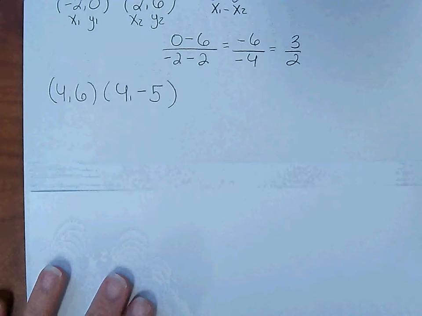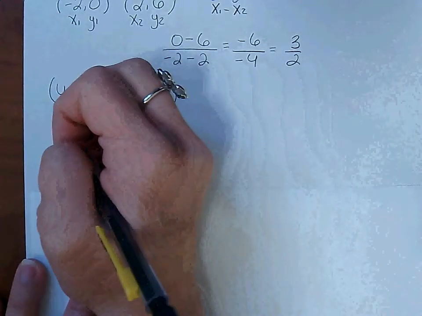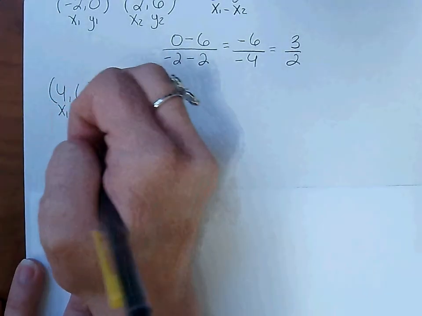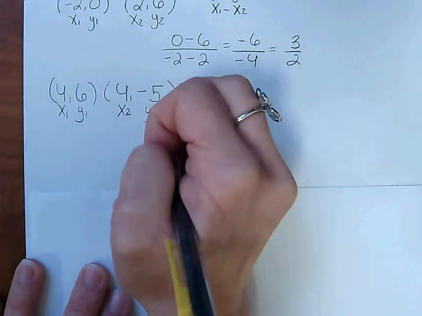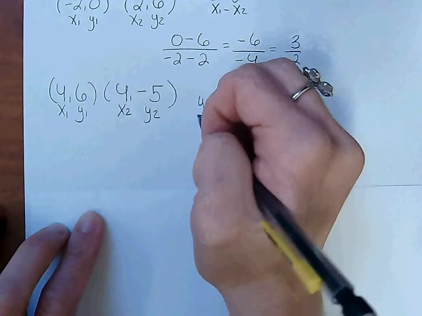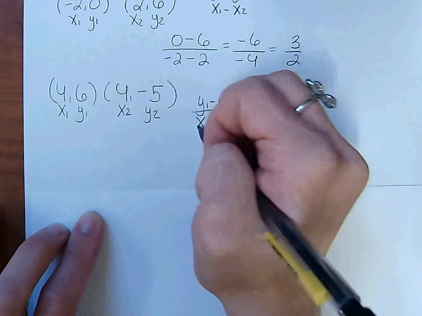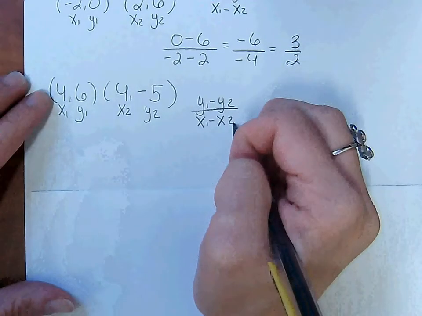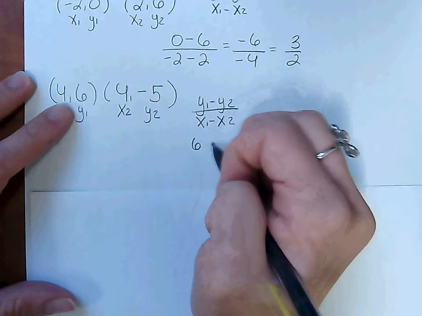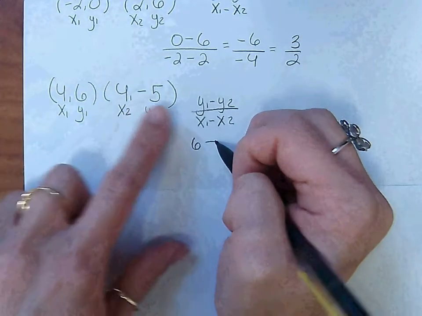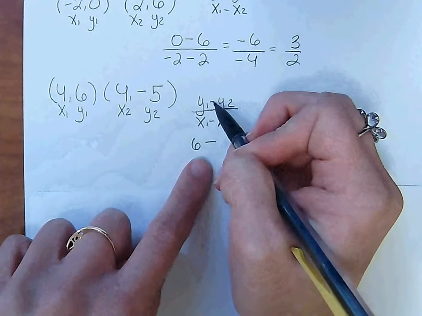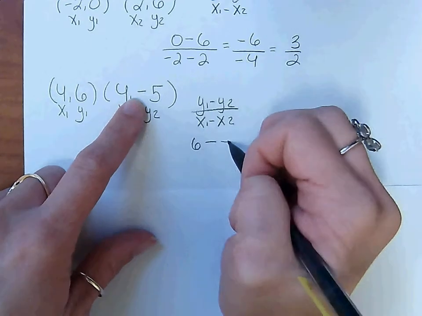So here's our next question. Again, always label. This is your x1, y1, x2, y2. Plug into the formula, y1 minus y2 over x1 minus x2. So y1 is 6 minus, y2 is negative 5. There's a negative that comes from the formula and a negative from the ordered pair.